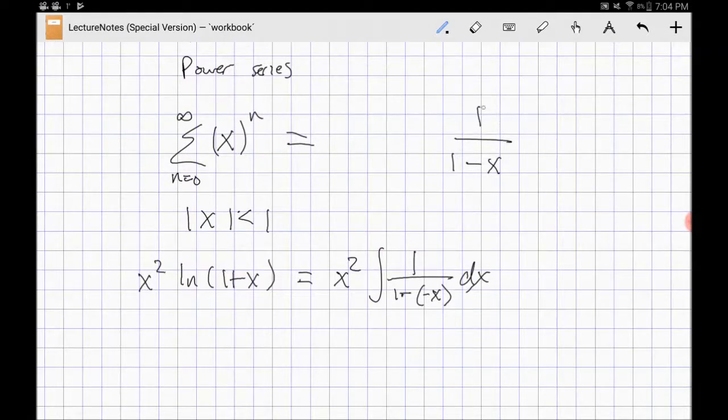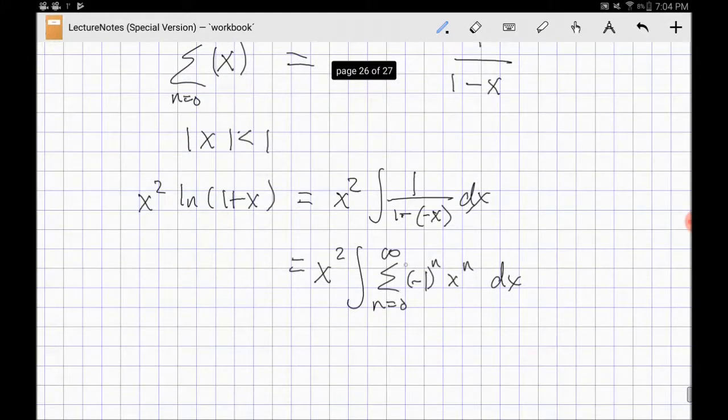So instead of writing 1 over 1 minus x, we can write 1 over 1 minus negative x, and we can actually write x squared times the integral of the sum from n equals 0 to infinity of negative x to the power of n, which we then want to split into negative 1 to the n times x to the power of n. And then from here we can integrate.